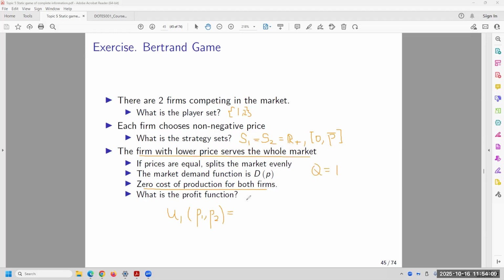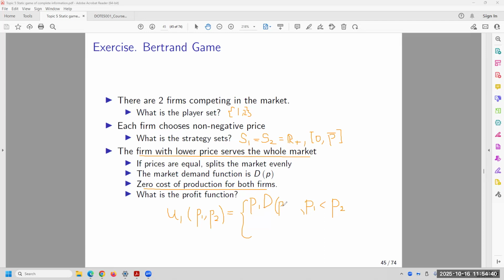If P1 is smaller than P2, I have the whole market. To be more explicit, non-normalized, the payoff is just P1 times Q, where the size of the market is Q, or D of P1.